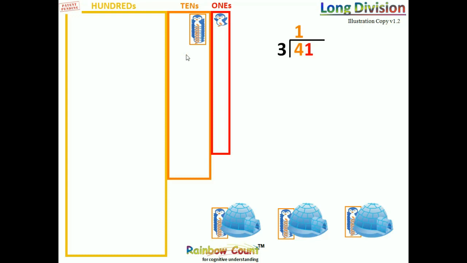Looking at the rainbow box on the left, we have only one group of 10s and unable to distribute them equally in the 10s column. But we can ungroup it. So let's ungroup it.